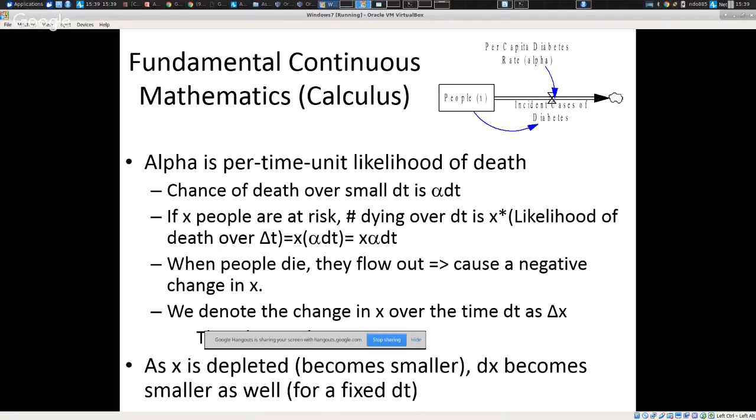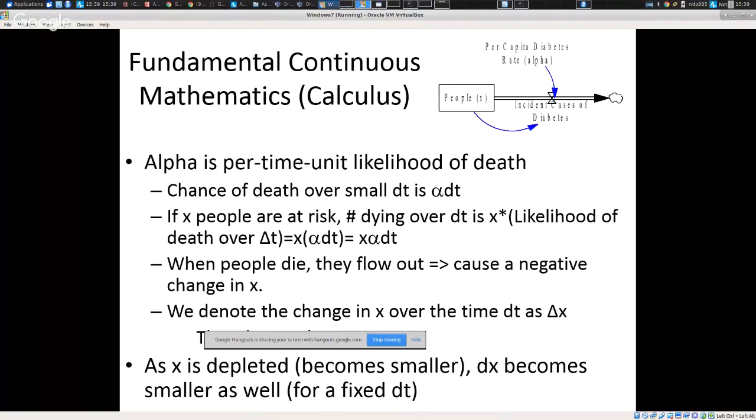Remember, it's a first order delay. The value of the outflow depends directly, linearly on the value of the stock. So as the value of the stock drops, the value of the outflow drops, which means the stock drops more slowly. So at first it drops fast because there's lots of people there, or at the individual level because you're almost certainly there.